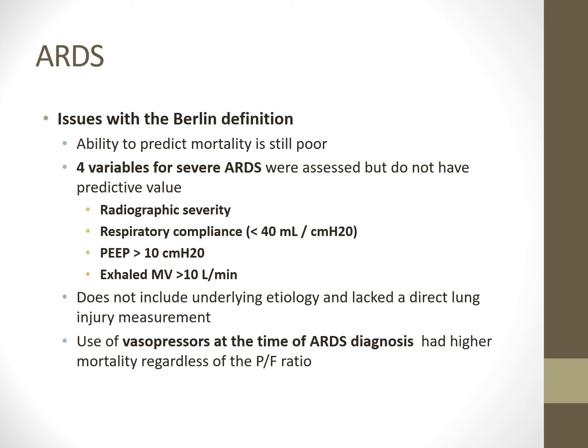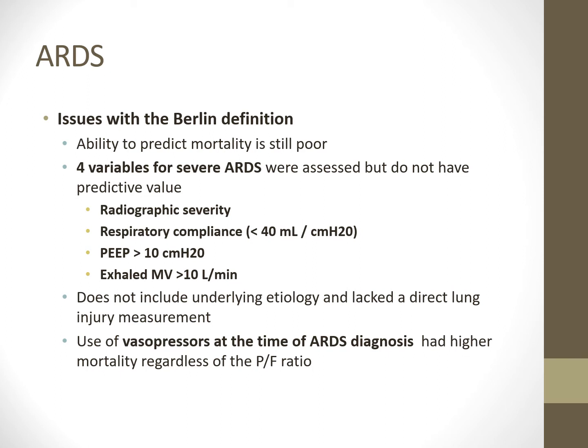The radiographic severity can be somewhat subjective, depending on who is reading it. The compliance of being less than 40, that's definitely a hard, fast number. PEEP of greater than 10, exhaled minute volume of greater than 10 liters per minute. It does not include underlying etiology and lacked a direct lung injury measurement.